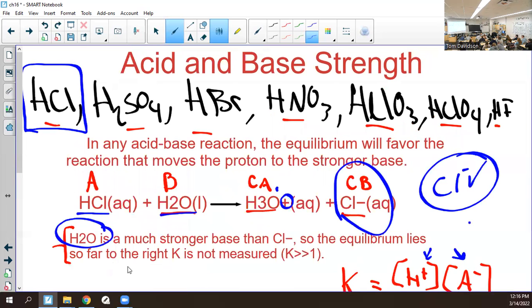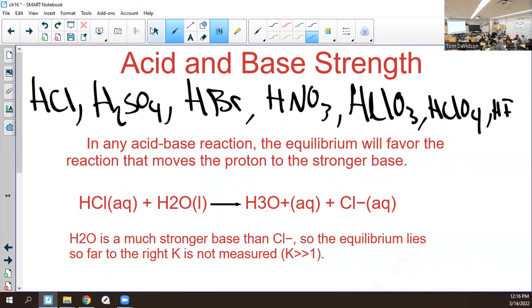All right. So in any acid-base reaction, the equilibrium will favor the reaction that moves the proton to the stronger base. Bases want to accept protons. So the equilibrium will shift to the place where the thing that wants the proton the most is favored.